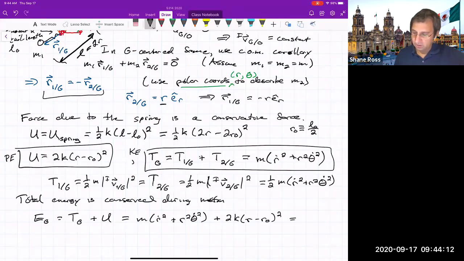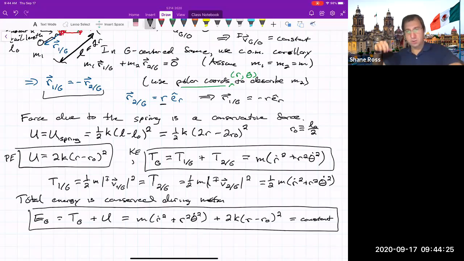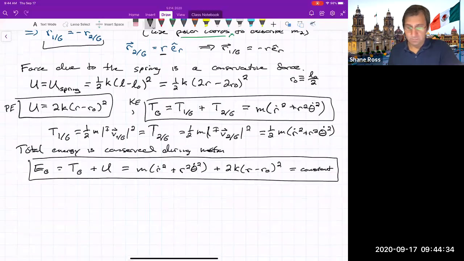That's our total energy, and this thing should be a constant, meaning you give it initial conditions, and even though kinetic and potential energy could be fluctuating, the total energy will stay the same. And we'll use that at some point.